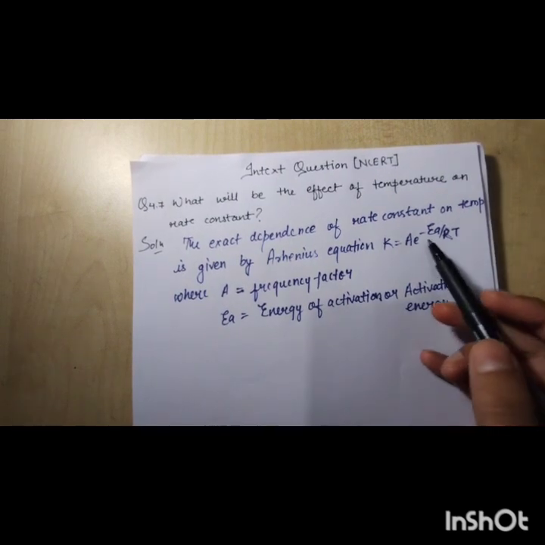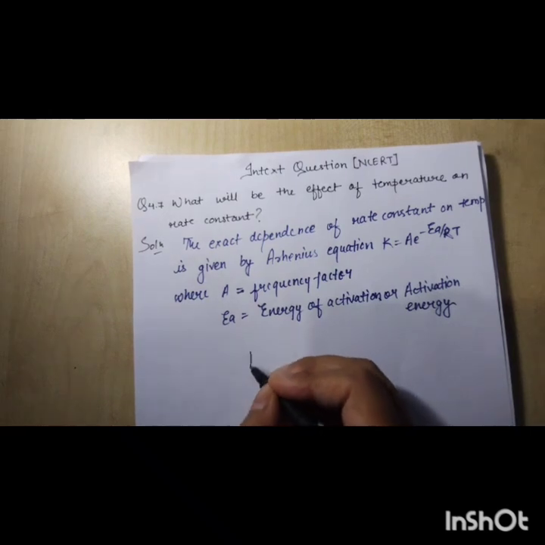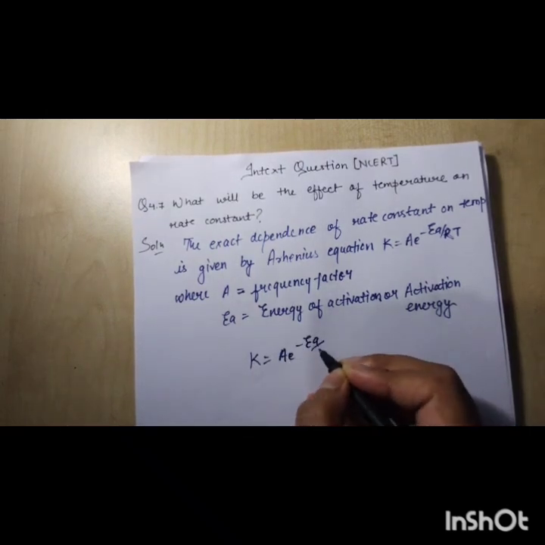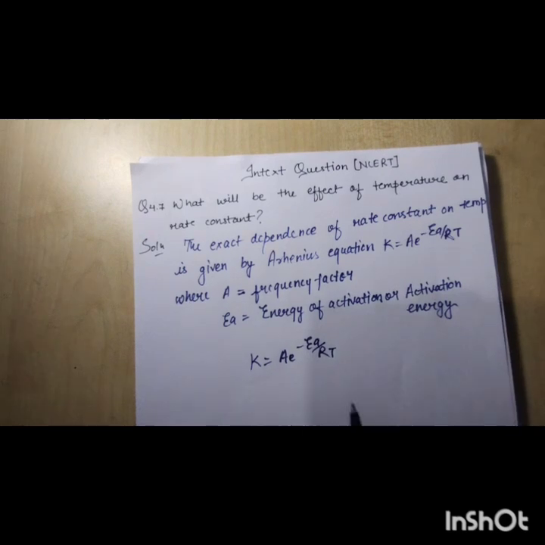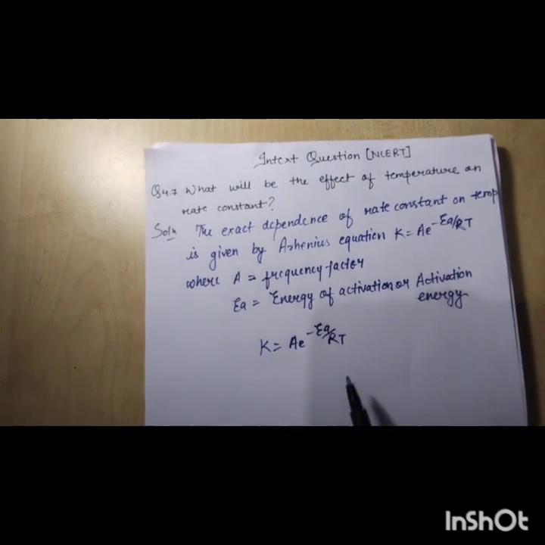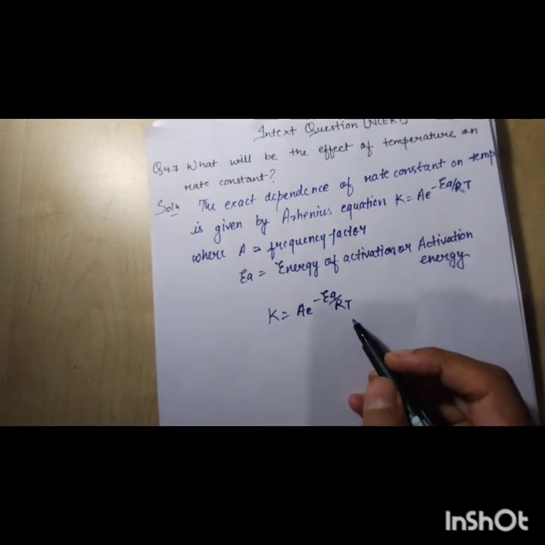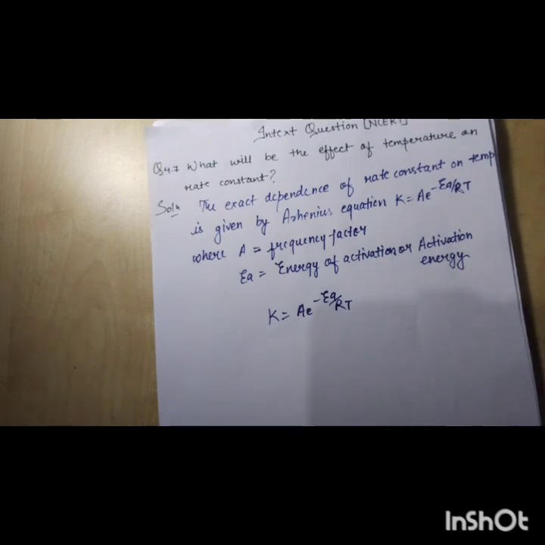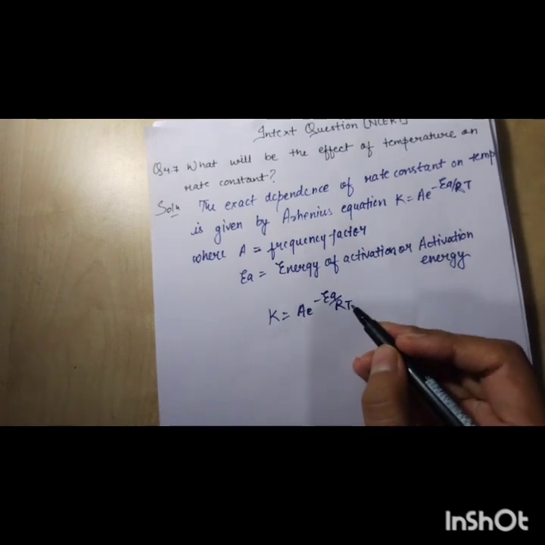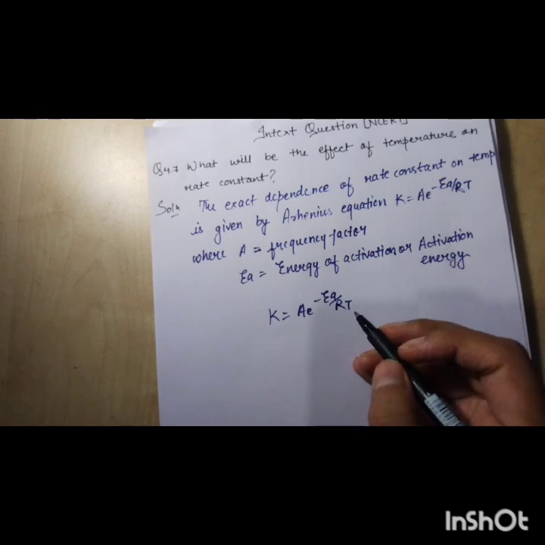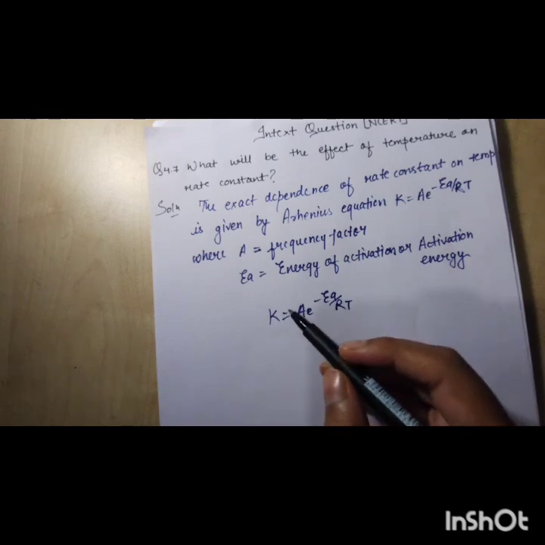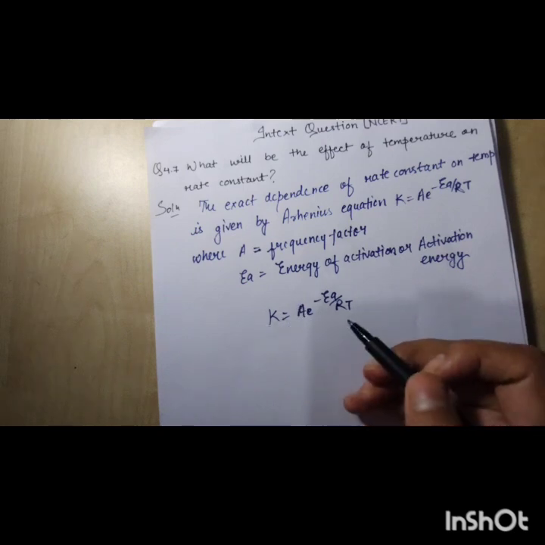From the formula K is equal to A e to the power minus EA by RT, you will see that if temperature increases by 10 degrees, then the rate constant of the reaction is nearly doubled.